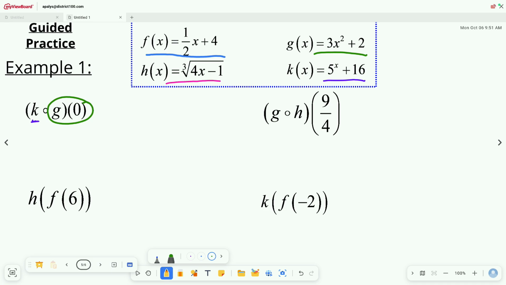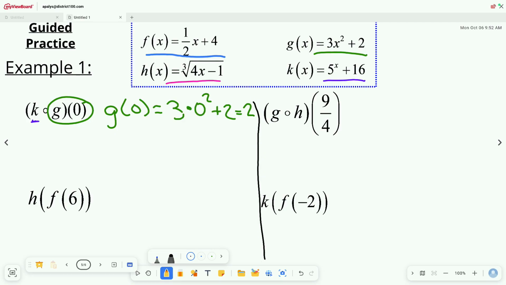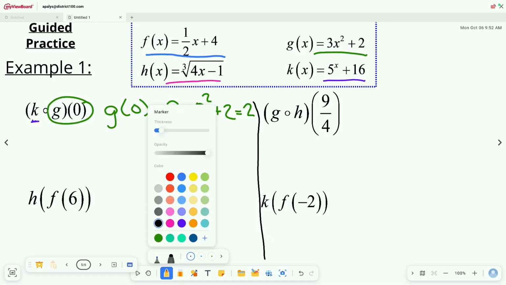So the g of 0 is 3 times x, which they give us as 0, squared, plus 2. What's 0 squared? 0 times 0 is 0. What's 3 times 0? 0. So the g of 0 equals 2. Now we put that 2 into the k function.